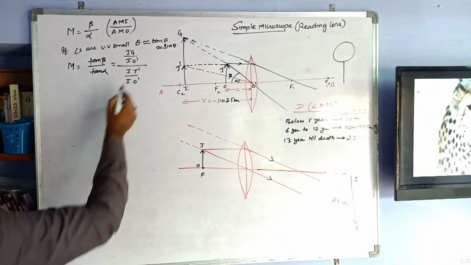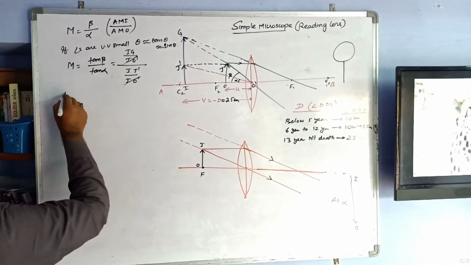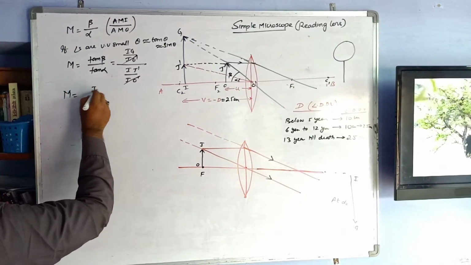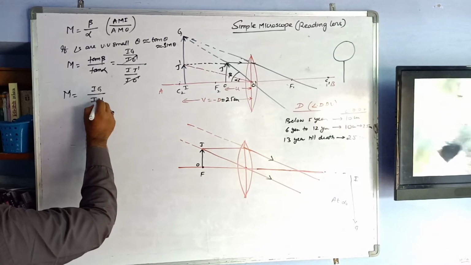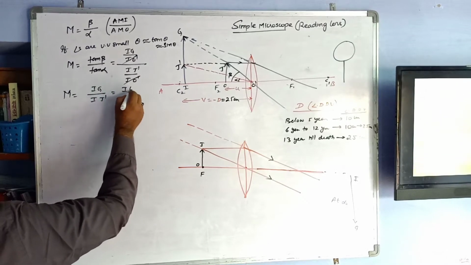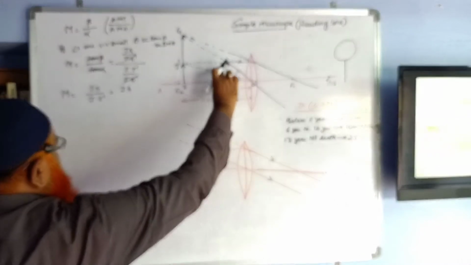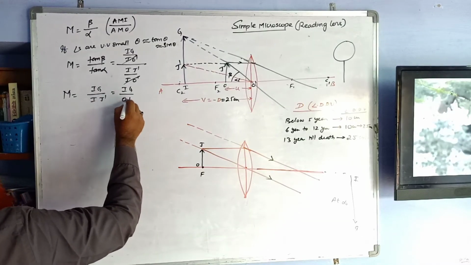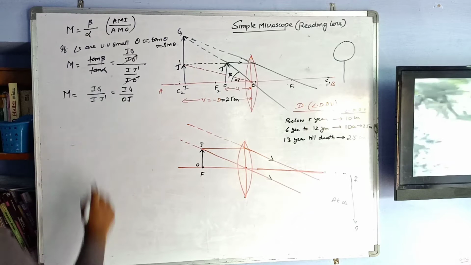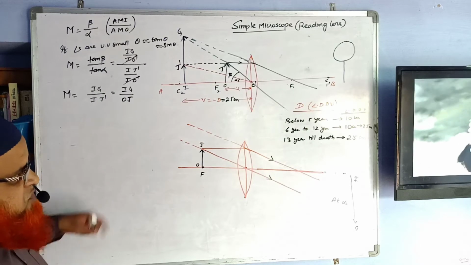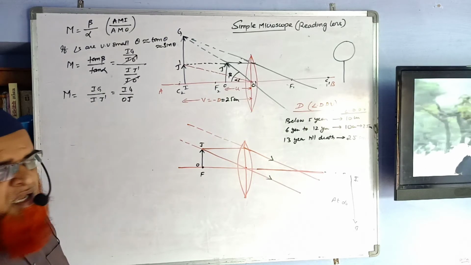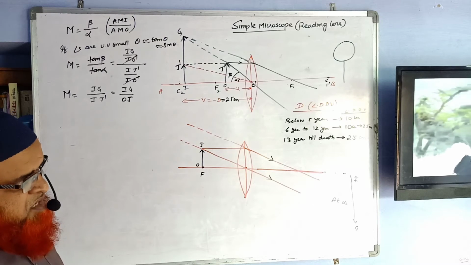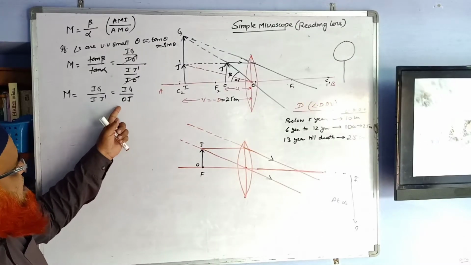So these two are the same and we can remove them. Then what is the magnification left? Ig by Ij dash. As Ij dash and Oj are the same, I can replace Ij dash with Oj. That is the formula for magnification. If it is clear, don't fear. I'll go further about this topic now.